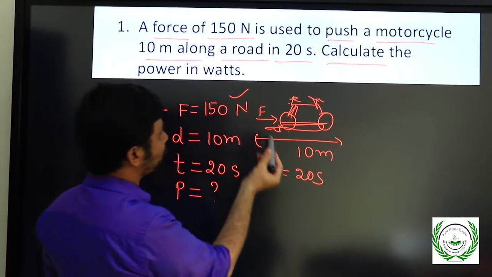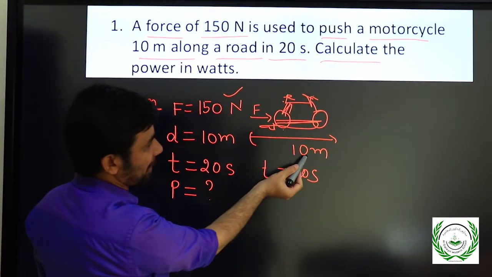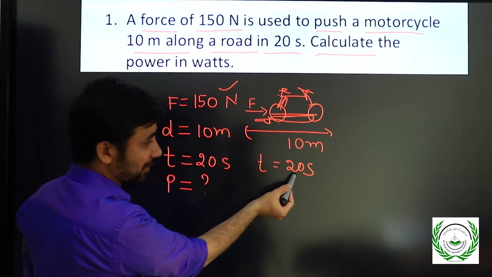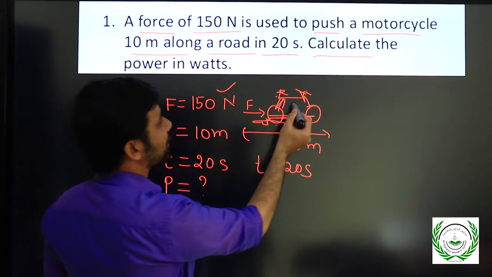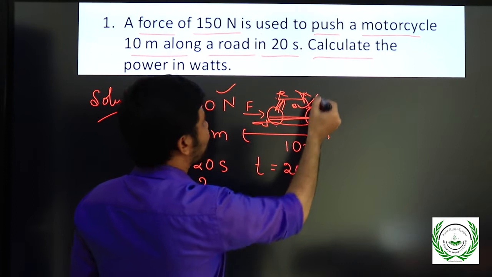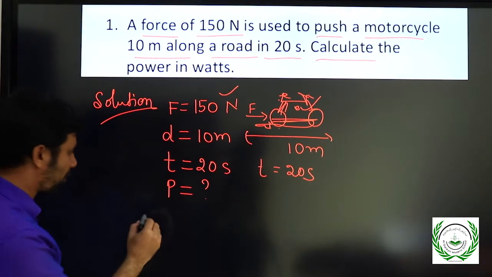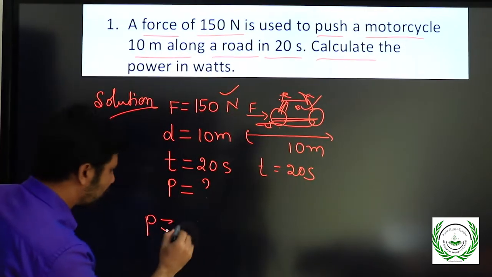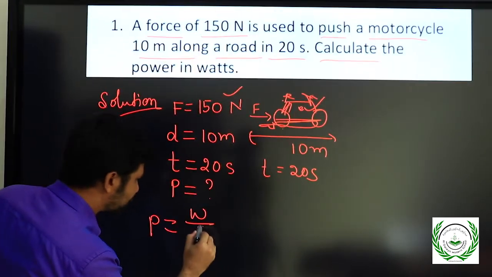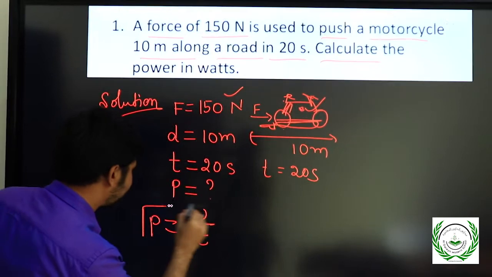When you apply a force of 150 newtons, it travels 10 meters and it has taken 20 seconds, and he is asking how much power it has taken. As we know, the formula for power is work done divided by time taken.